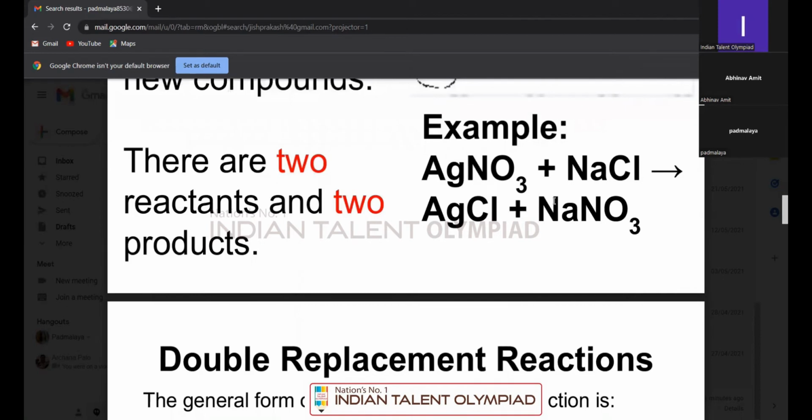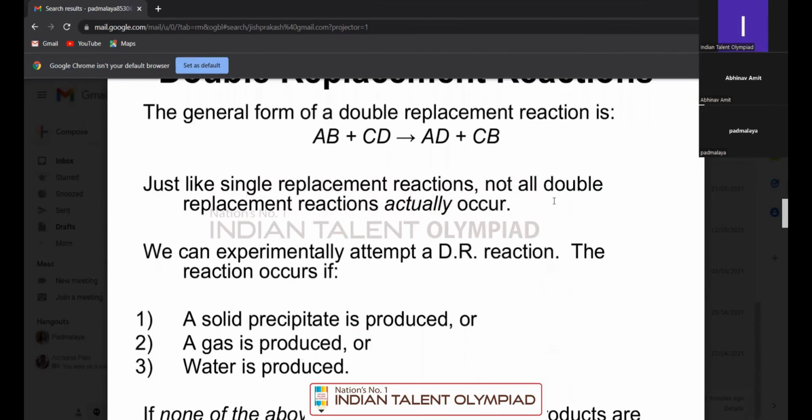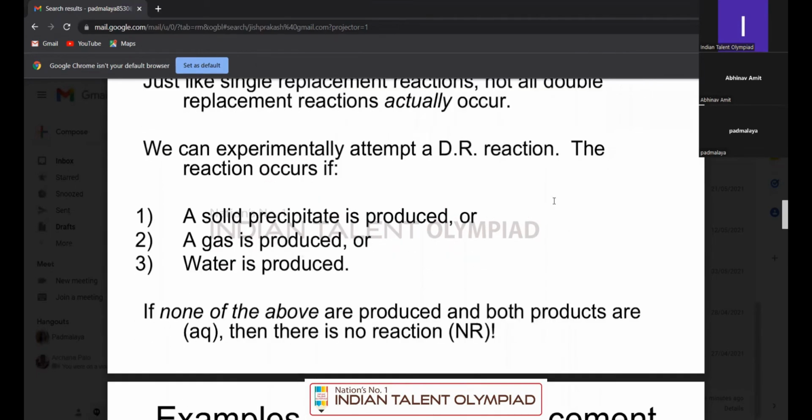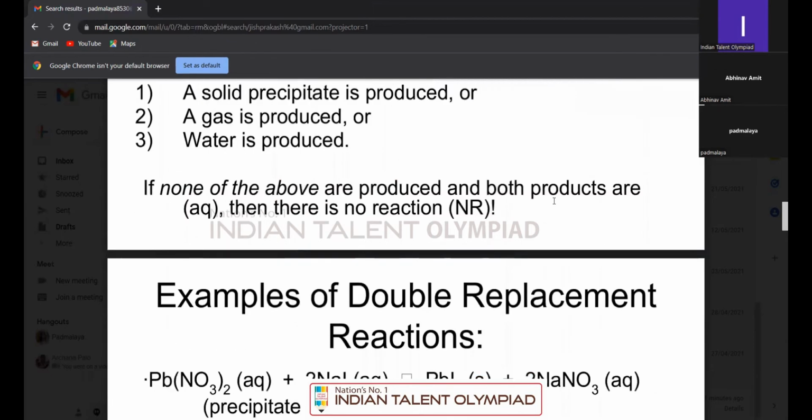Chlorides, nitrates, sulfates are generally water soluble. Just like lead iodide formation, barium sulfate, barium chloride, barium nitrate formation, all these will be precipitate reactions. So generally, whenever a double displacement reaction takes place, you can find a precipitate formation, or gas is produced, or sometimes a water formation also.